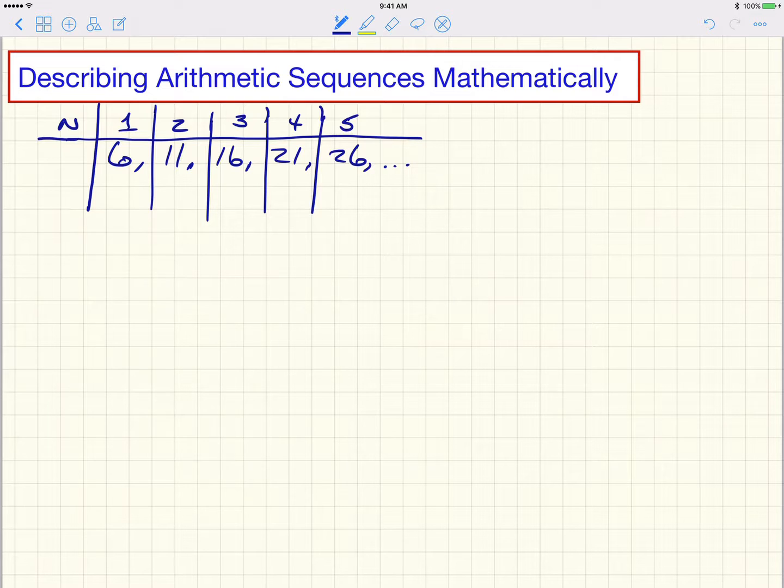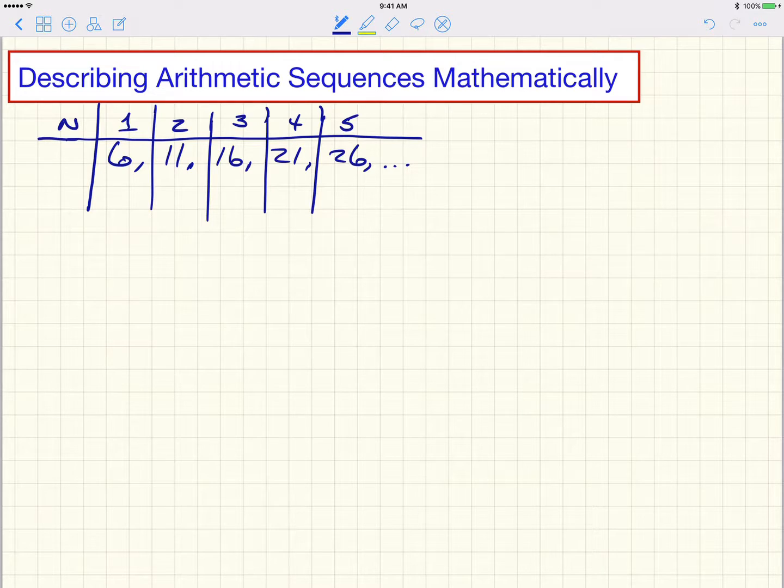So if we're talking about the second term in our sequence, we would be referring to the 11. If we're referring to the fifth term, we would be referring to the 26. So each member of our sequence has an n value, which tells us which value it is down the line.